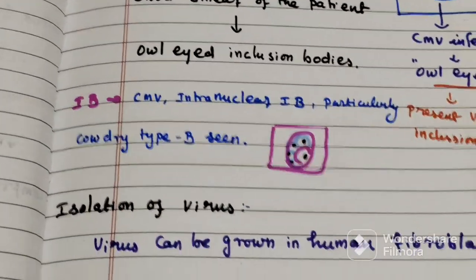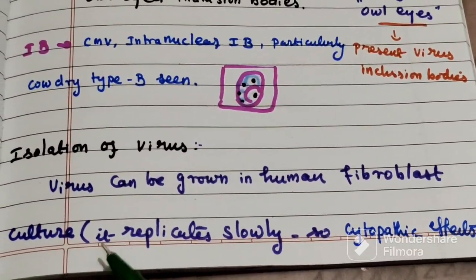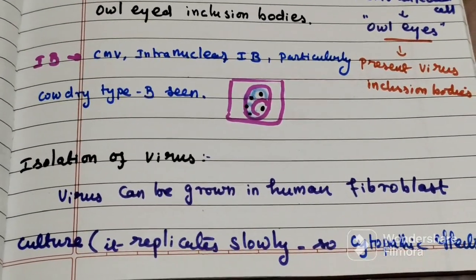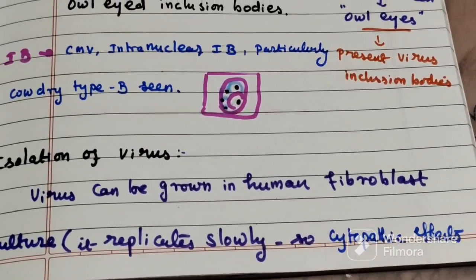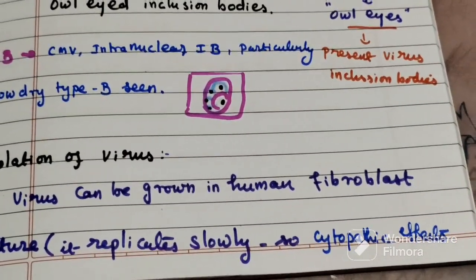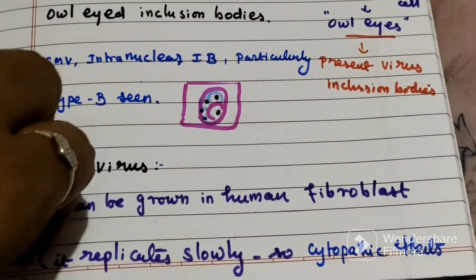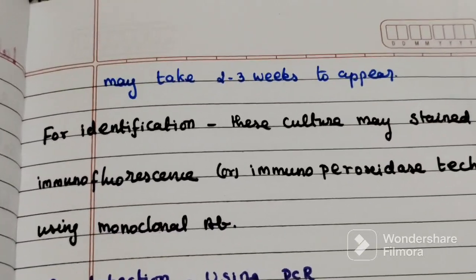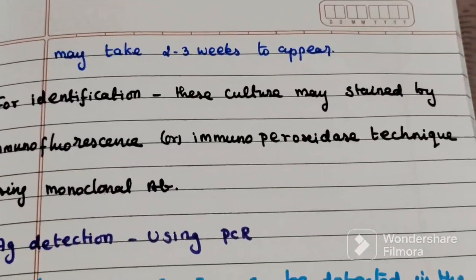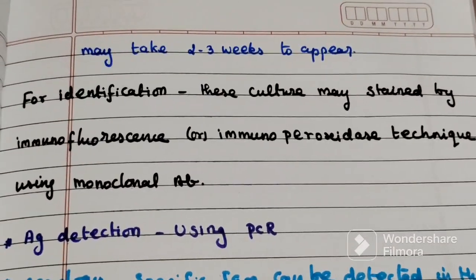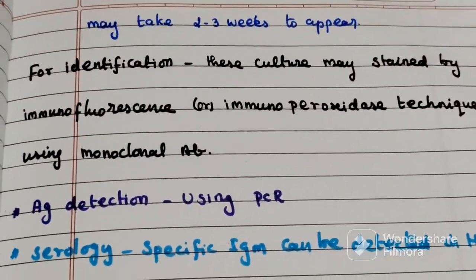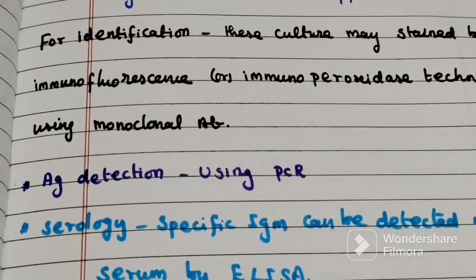Then virus isolation. Cytomegalovirus can grow in human fibroblast culture. It replicates slowly, so the cytopathic effect may take 2 to 3 weeks. For identification, the culture may be stained by immunofluorescence or immunoperoxidase technique using monoclonal antibodies.